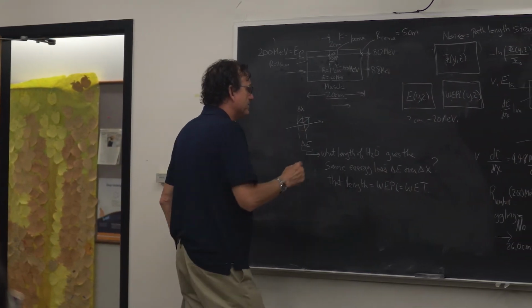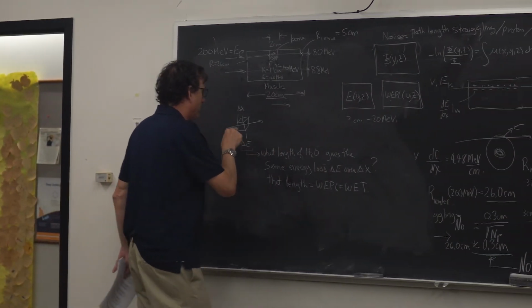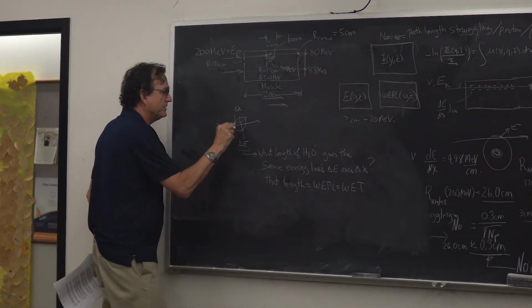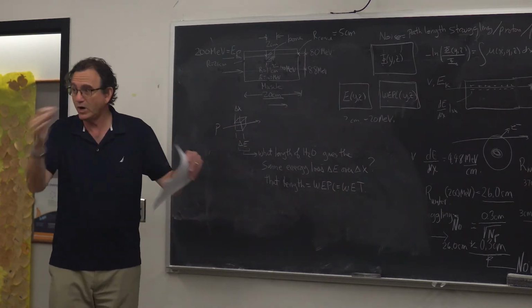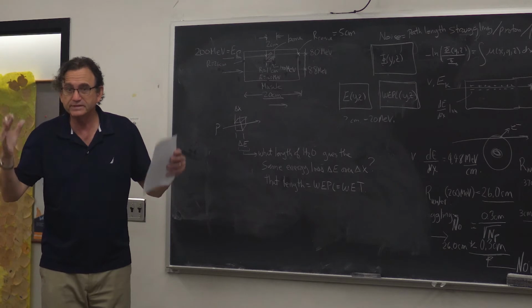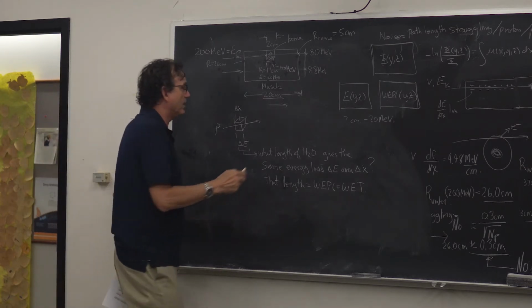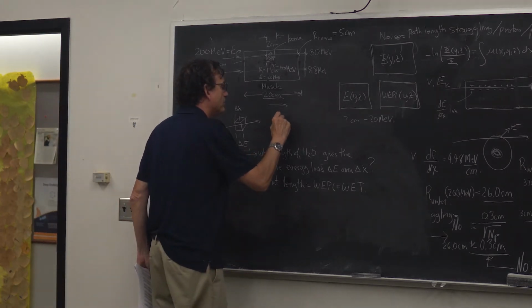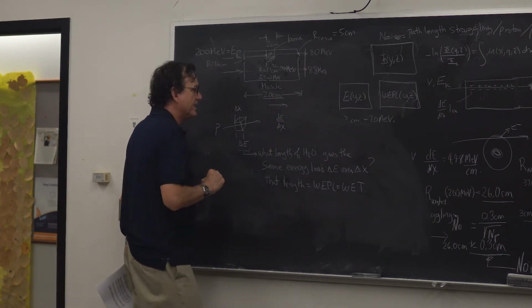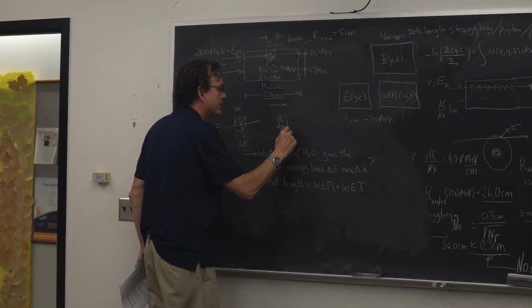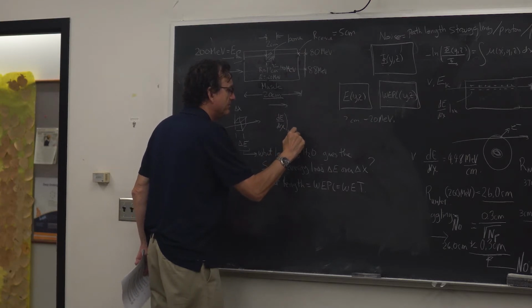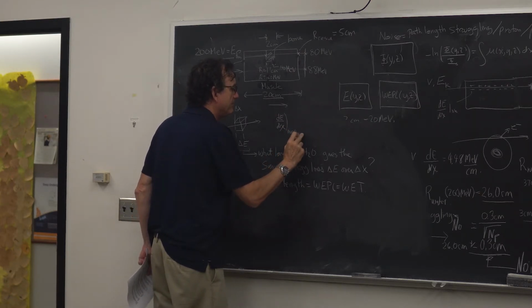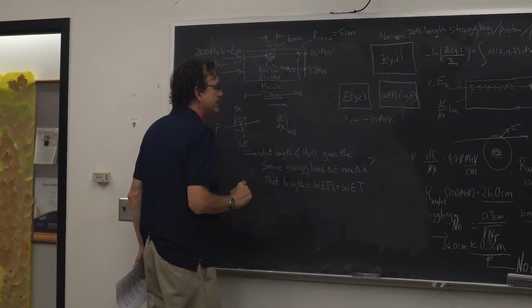mathematically, what I'm doing is I'm saying that the particle that went through some material, which was, we don't know what, bone, air, tissue, or whatever, had a certain rate of energy loss, dE/dx, and that dE/dx will be for that particular medium. I'll just call it MED.